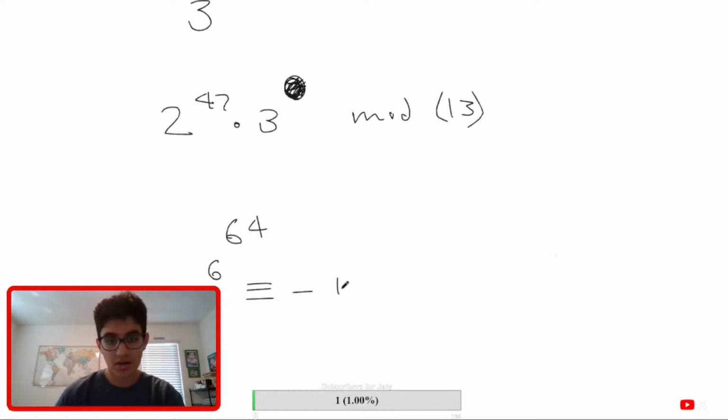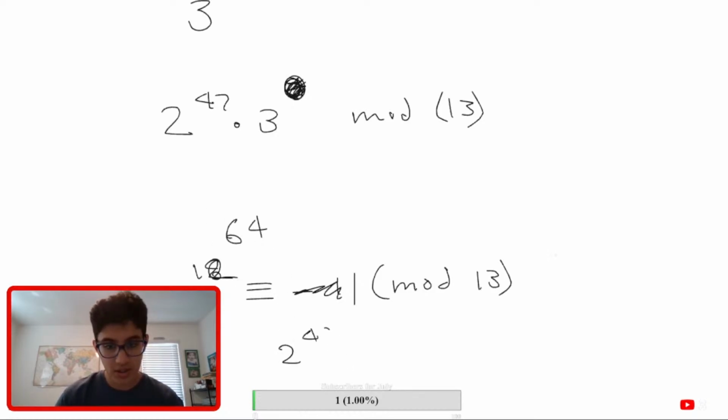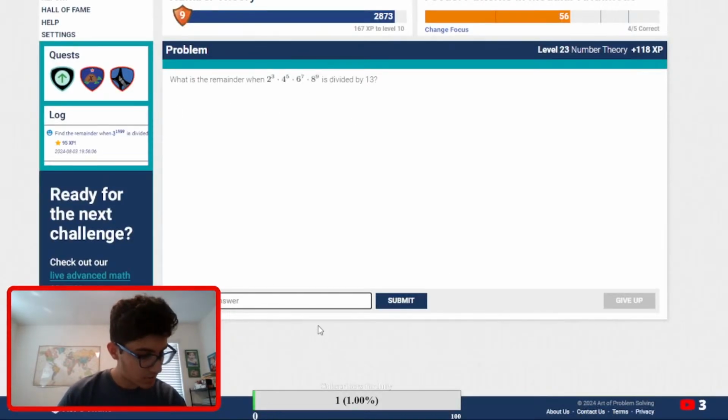That's congruent to negative 1 mod 13. So we can do 2 to the 12th. 2 to the 12th is congruent to 1 mod 13. So 2 to the 36, 2 to the 48th. Wait, was there a 7 in there? Oh, 7 times 3. Okay, not cube. 7 times 3 congruent to 8.